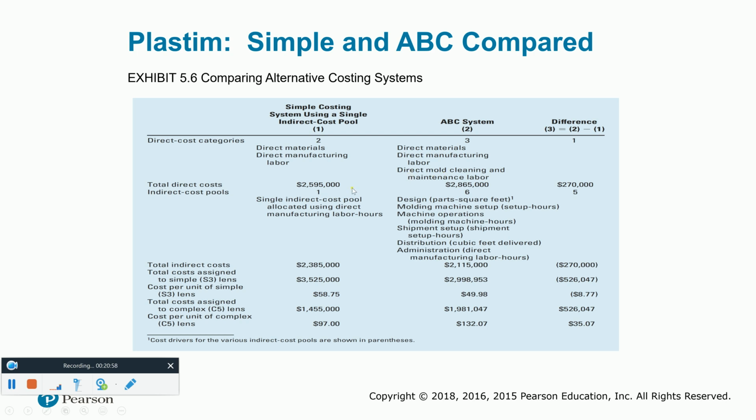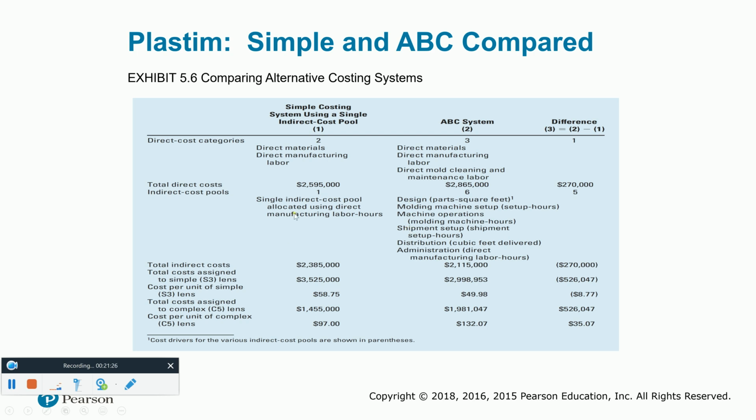All right? So you can see the direct cost pool was a little bit higher, $270,000 higher, activity-based costing versus the simple costing system. Now the indirect cost pools, remember with the simple costing method, we simply allocated all of our indirect costs using direct labor hours.